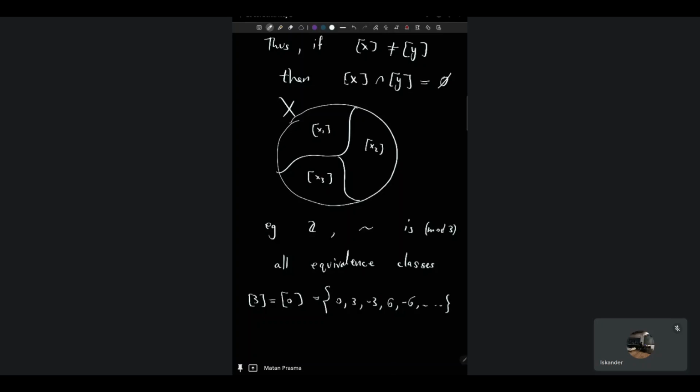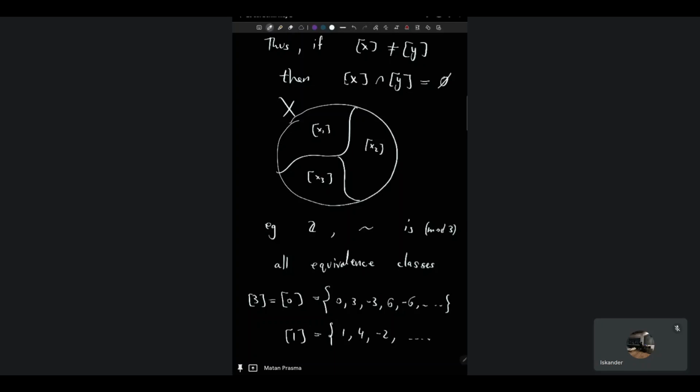The second equivalence class is the equivalence class of 1. Here I have 1, I have 4, I have minus 2, and so on. Sorry, did I want minus 2? Yeah, I subtract 3.